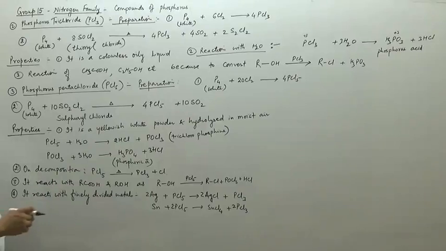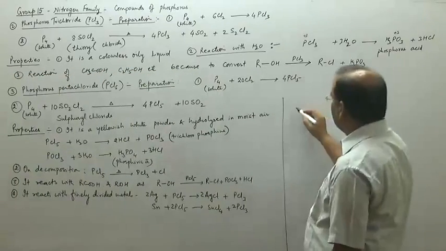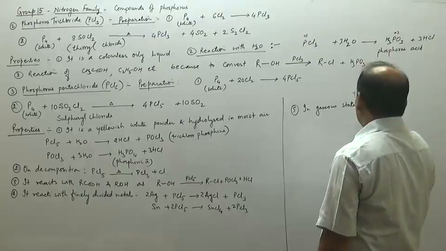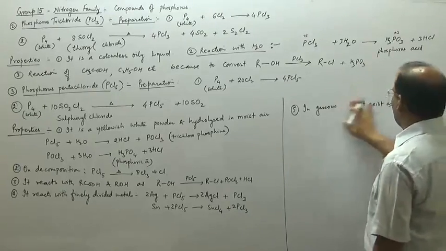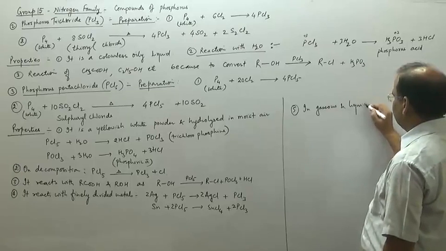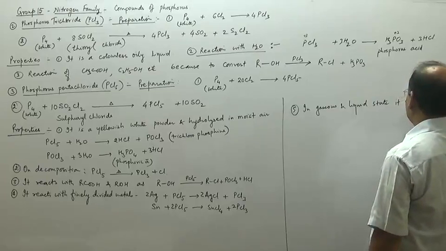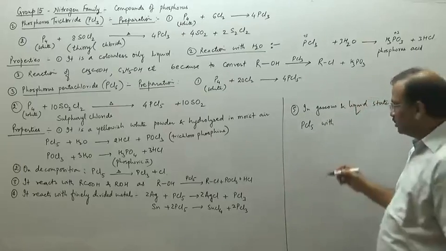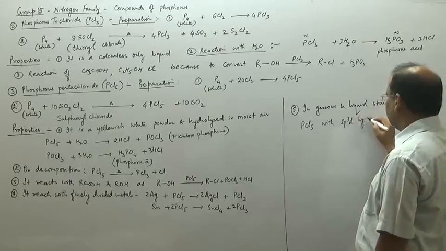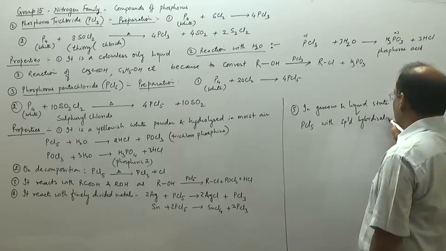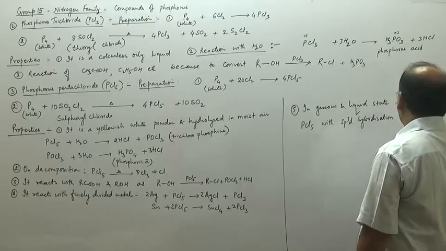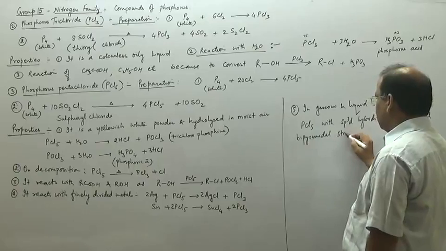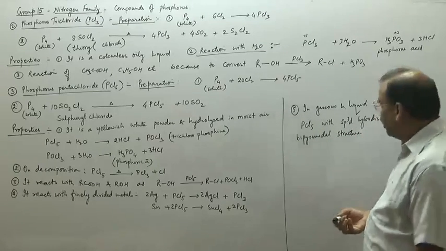Now another property is the structure. In gaseous and liquid state, PCl5 exists with a trigonal bipyramidal structure with sp3d hybridization.